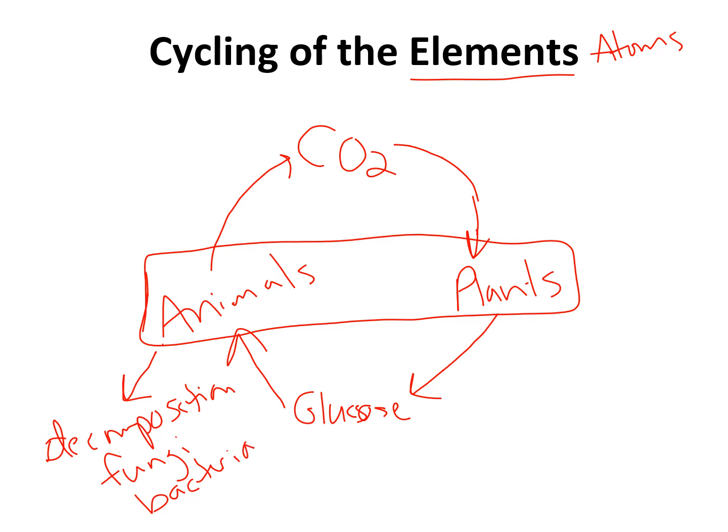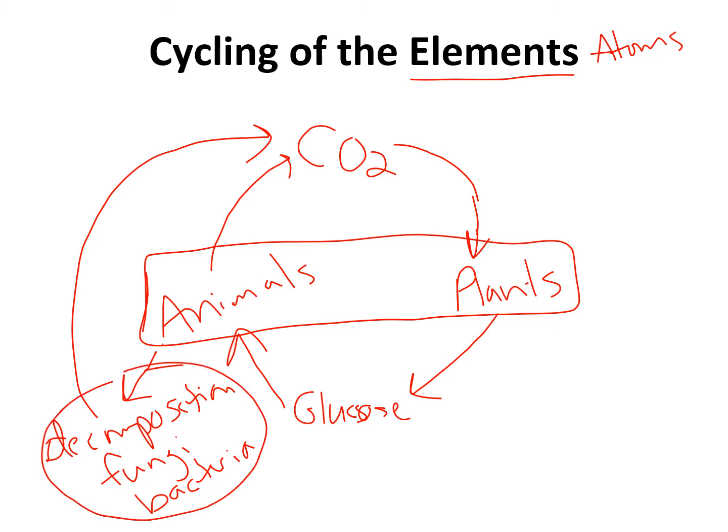And during this process of decomposition, the remaining carbon that is in the structure of the animals and plants is returned to atmospheric carbon dioxide. And so this is the cycling of the elements. So this part, the decomposition by the fungi and the bacteria, is really, really important to keep cycling carbon atoms through the carbon cycle.